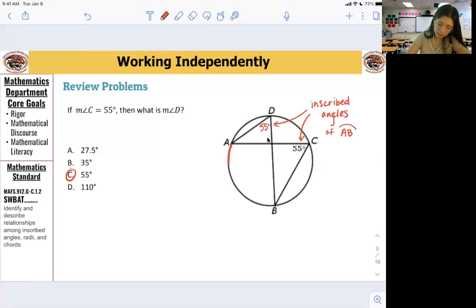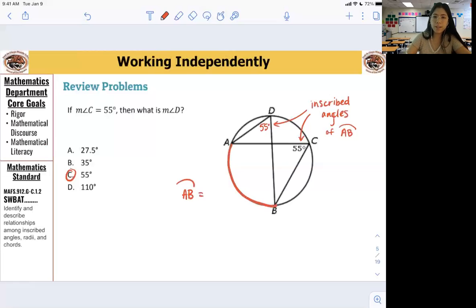They intersect AB. So how much is AB? How much does AB measure? Going once, going twice.